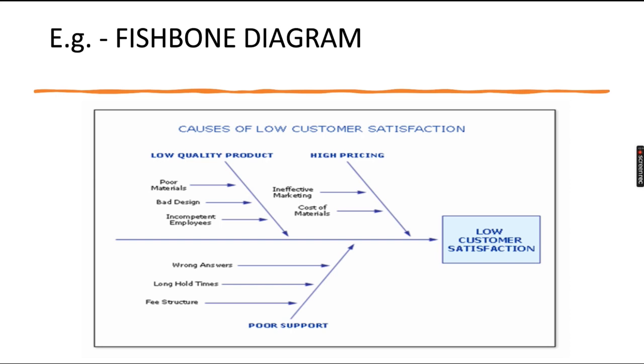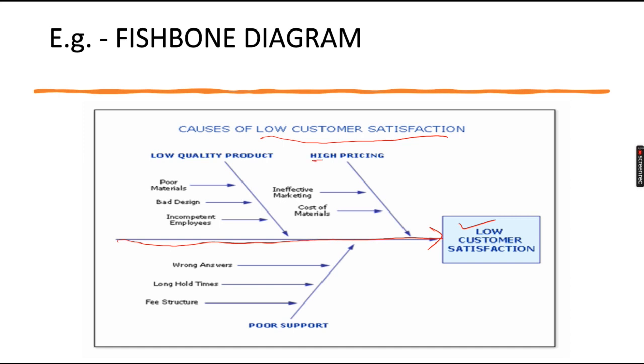Now one example is given: causes of low customer satisfaction. So this is my problem, low customer satisfaction. What we have to do is draw one arrow from left to right and write the problem as low customer satisfaction. Then what can be the causes of it?